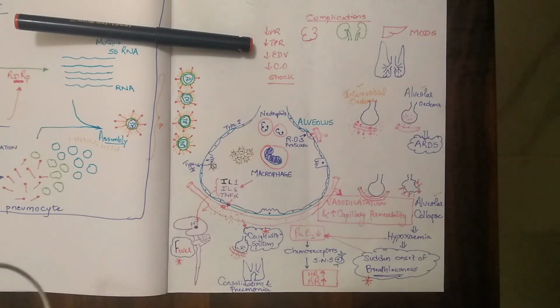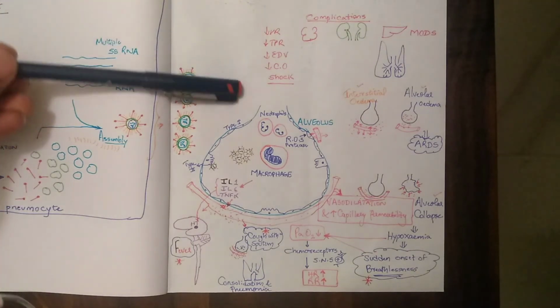End diastolic volume is the volume of blood which is there in the heart at the end of diastole. If end diastolic volume is reduced, therefore the cardiac output, which is approximately 5 to 5.5 liters per minute, is also reduced. So the heart is not able to fulfill the demands of the tissue. So the person is going into shock.